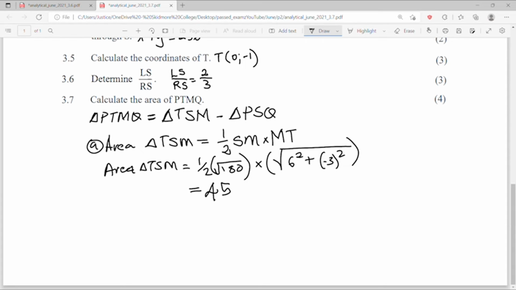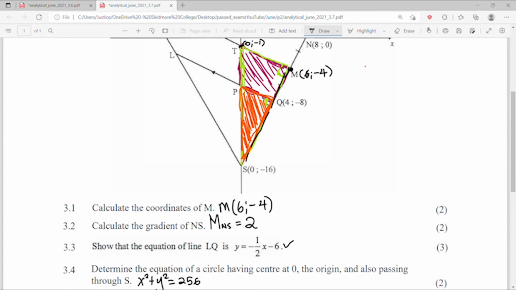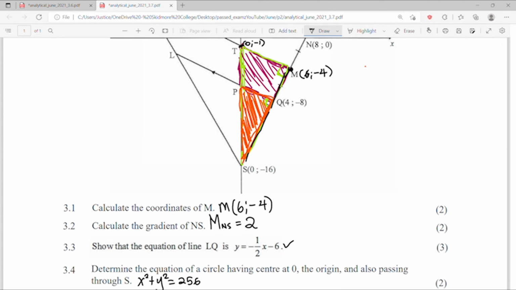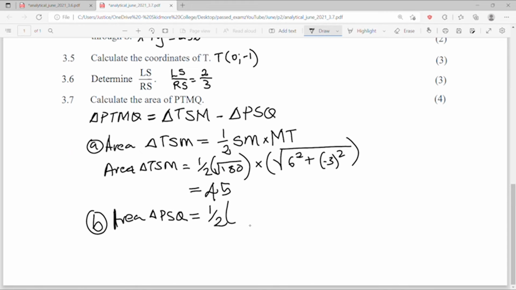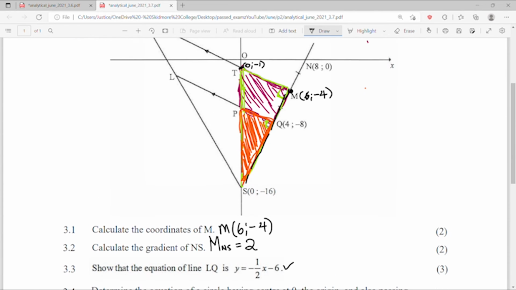And then we do the same for the area of triangle PSQ. It's half QS, and we calculated QS last time to be the square root of 80. Now we just need to calculate the height, this height.